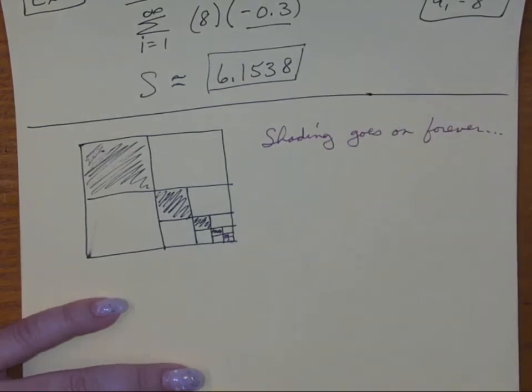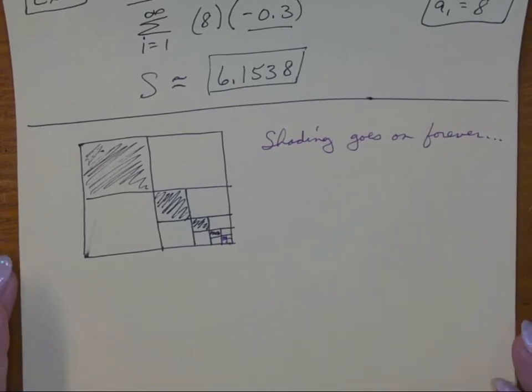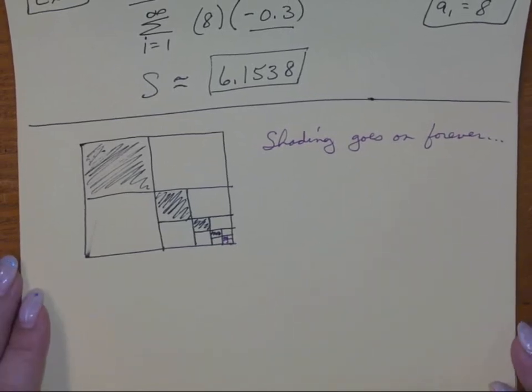Okay, even after it's too small for me to physically show you what the heck's going on in there, it's still there, right? So if I wanted to look at that, I could say, oh my gosh, that's a series if I added those up, right?